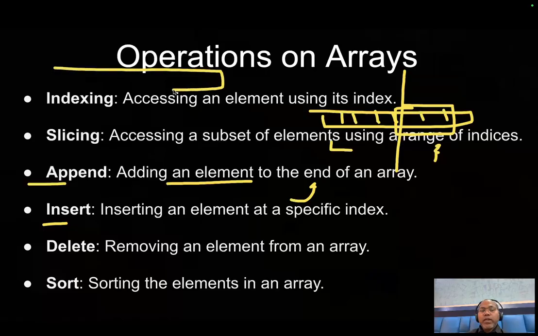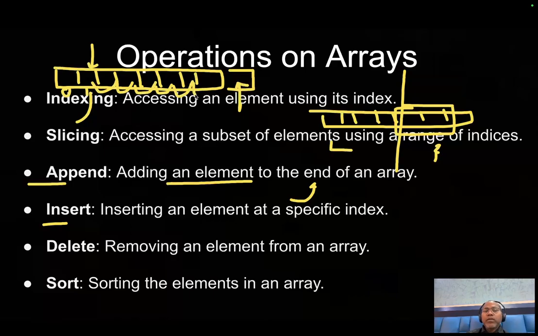So you can add more values in the array. You have two options: at the end you can append a value, or you can say this is position 0, position 1, and I want a new value here. So this value you can place here, and all the remaining values move back by one. In this way you can add values.